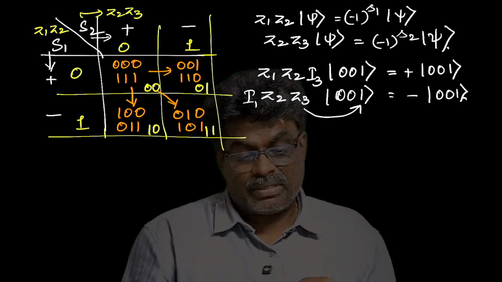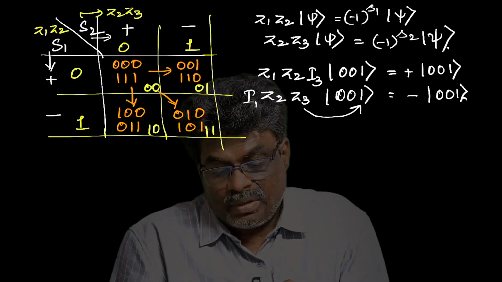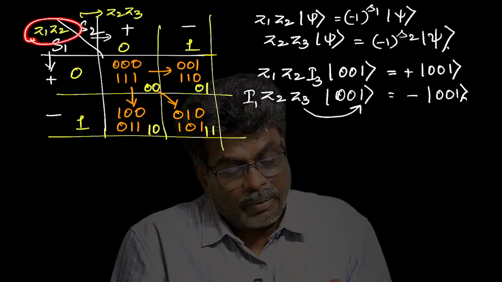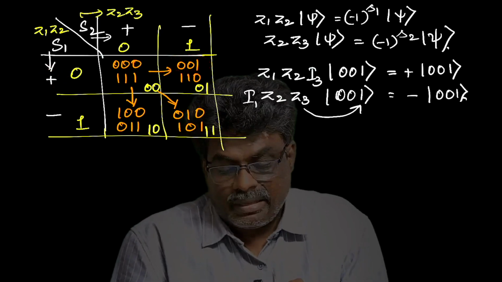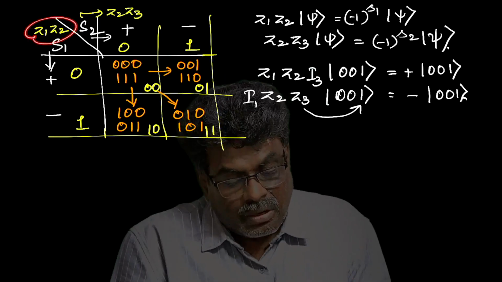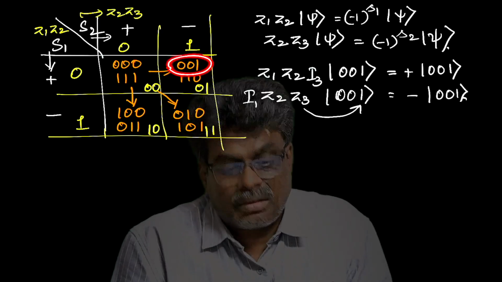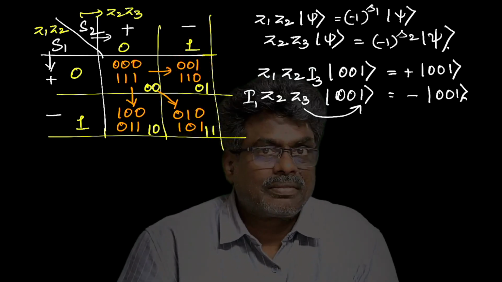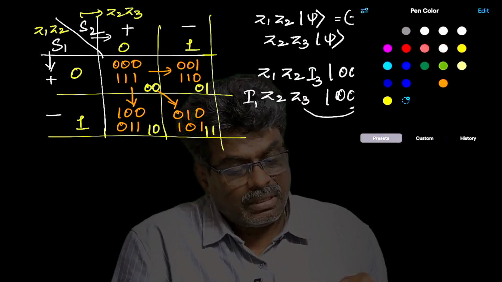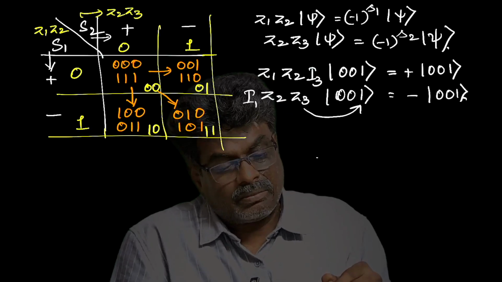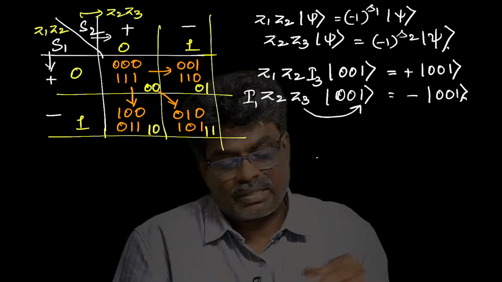Now if you carefully check this, Z1, Z2 operates on 0, 0, 1, you got plus parity. Z1, Z2 operates on 1, 1, 0, sorry, 0, 0, 1, you got negative parity. Like that we can check. Let us try one more. So here I am talking about this one, because both are having negative signs. Let us discuss.